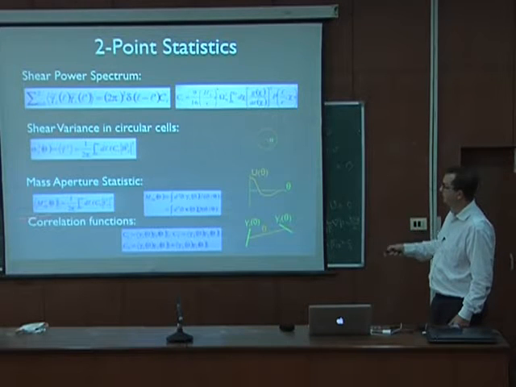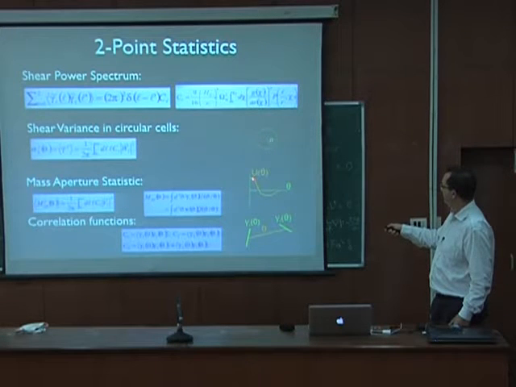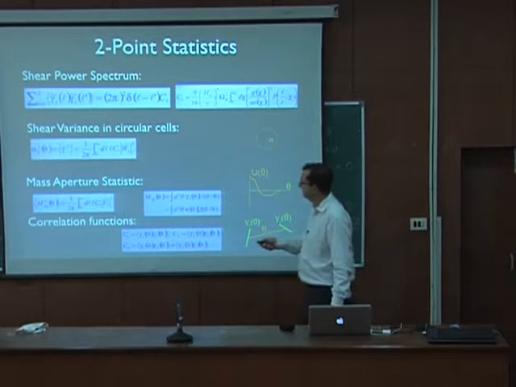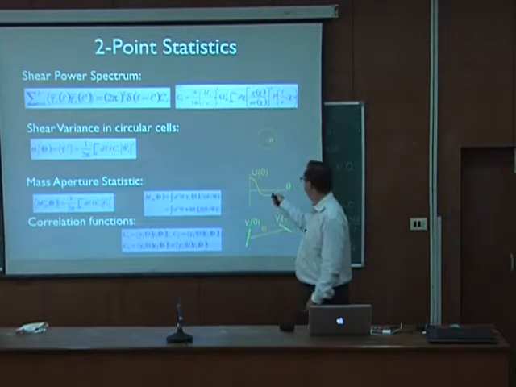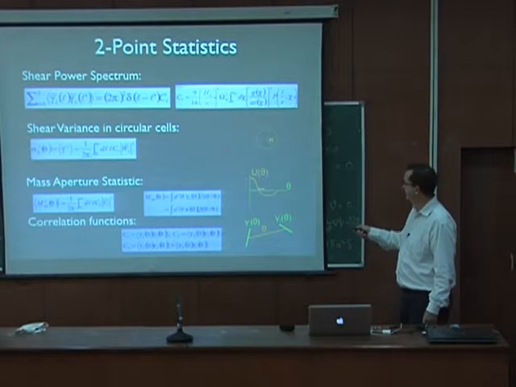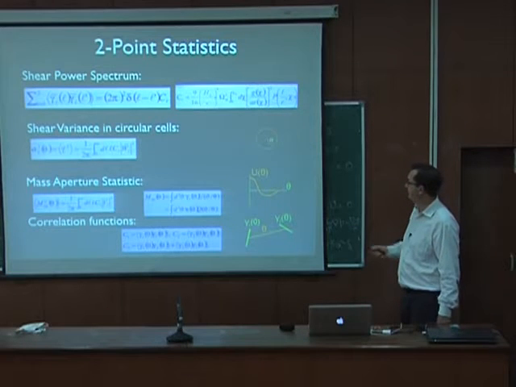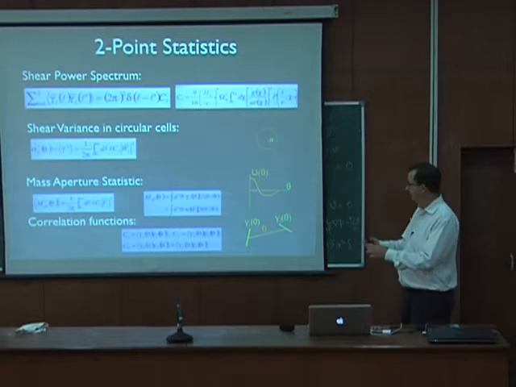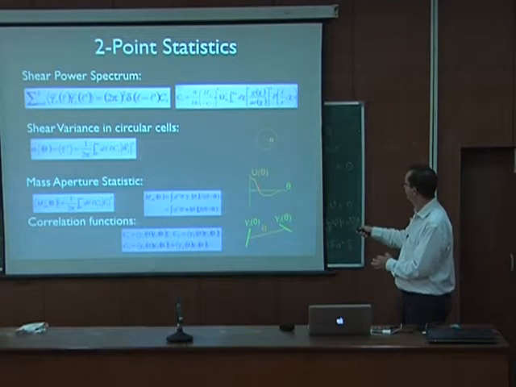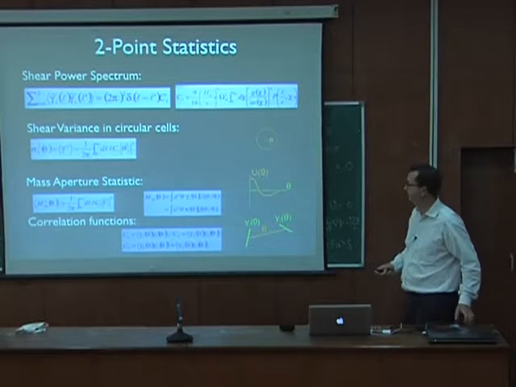This is one that has been proposed called the mass aperture, which is basically a compensated filter, so it's positive at some inner radius and negative on the outer radius. And one can look at the average of the square of the shear averaged with this mass aperture. There are a number of very nice properties of this mass aperture. One of them is that because it's compensated like this, it decorrelates very fast. So here, there's a characteristic angle theta, which is let's say the first 0 of this aperture.